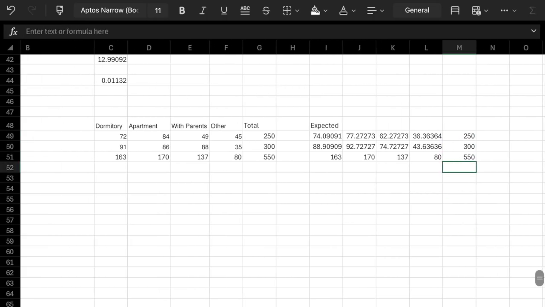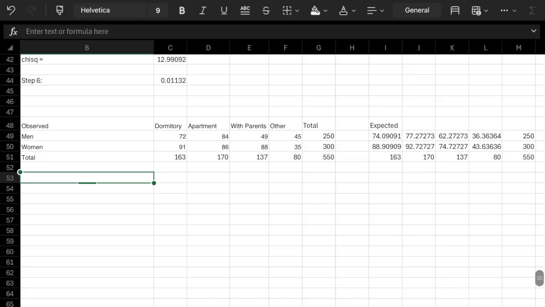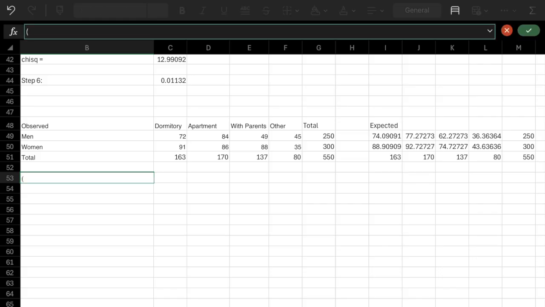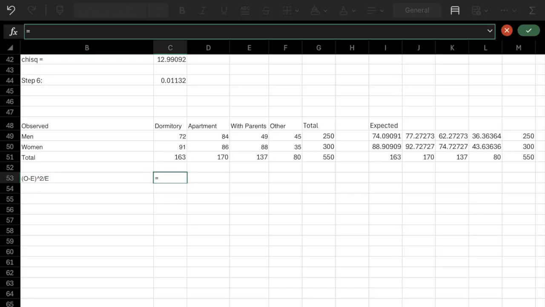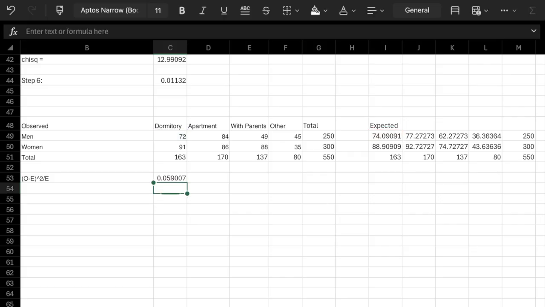Okay, and now for my last table, I need O minus E squared divided by E. Enter. Here we go. Equals, parenthesis, O, expected, minus E squared divided by E. Enter.